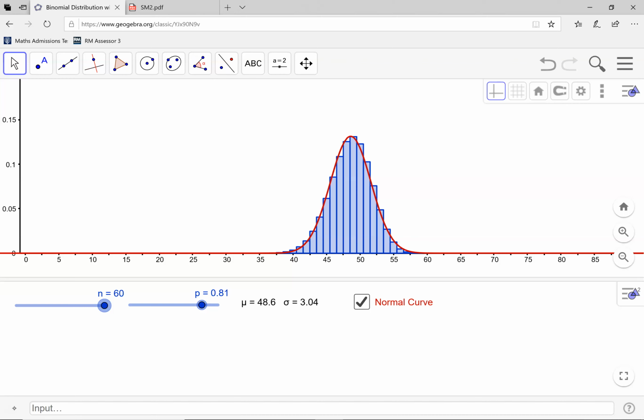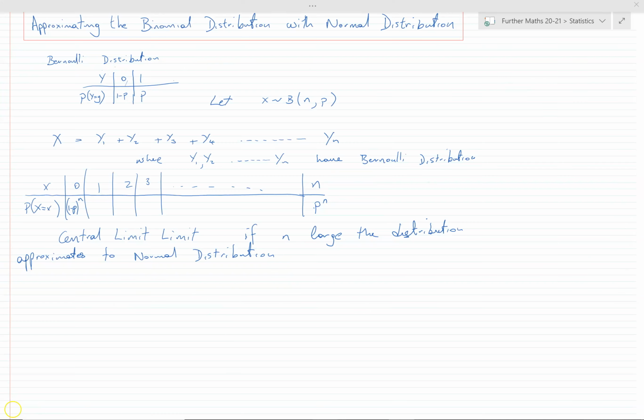And as I've just said, because of the central limit theorem, eventually, if we made n 600, say, even with P quite a long way from 0.5, this approximation can be pretty close. Hopefully that has been useful, but I'll go back to the actual main text.